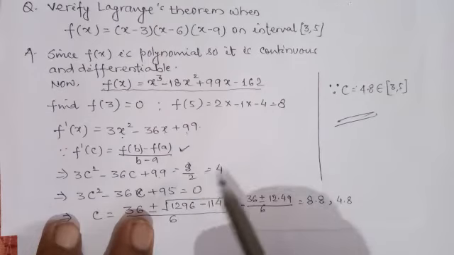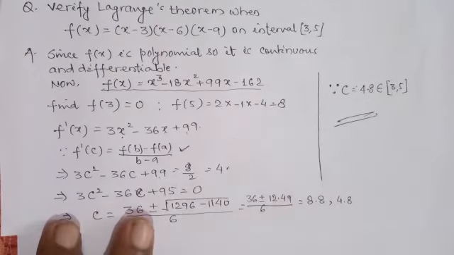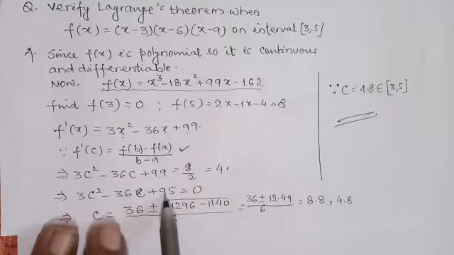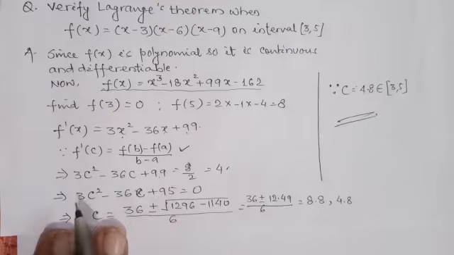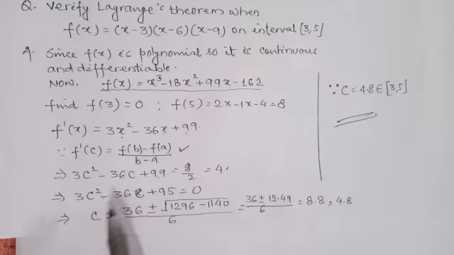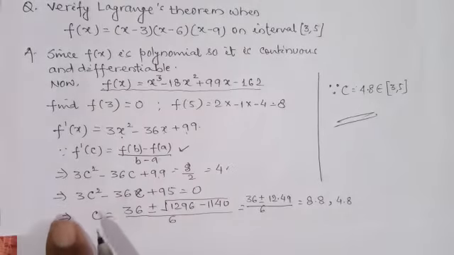So after cancellation it becomes 4. Now move this 4 to the left side, so 99 minus 4 is 95. Finally we have 3c square minus 36c plus 95 equal to 0, which is a quadratic equation in c.